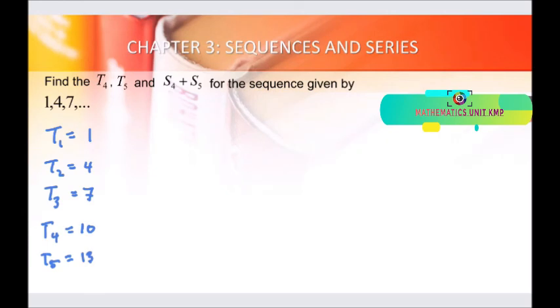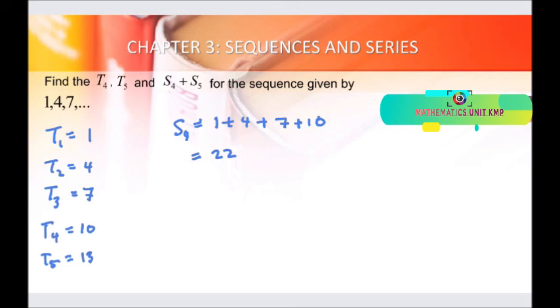Next, we're going to find the fourth partial sum, S4. So, to get S4, the first term 1 plus 4 plus 7 until the fourth term plus 10. So from here we will get 22.